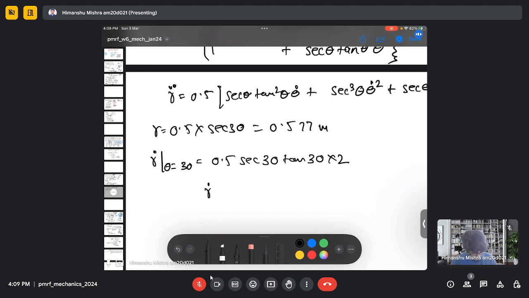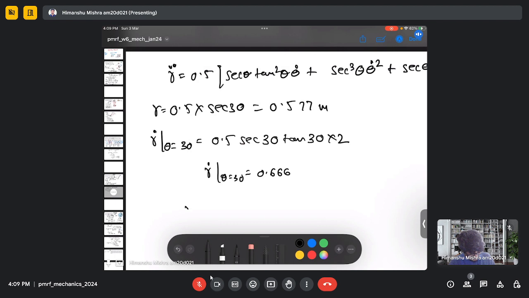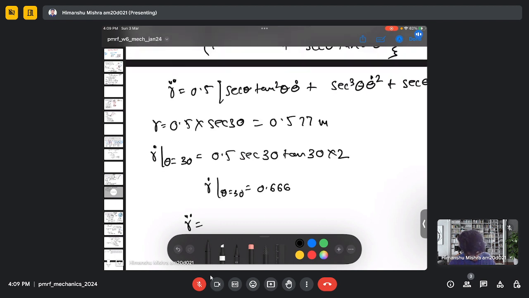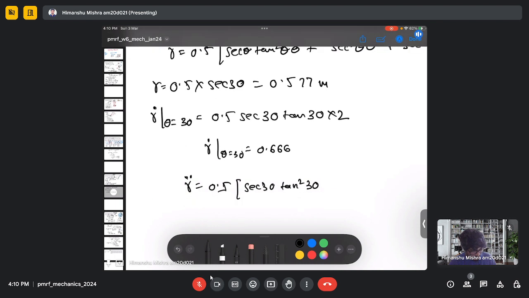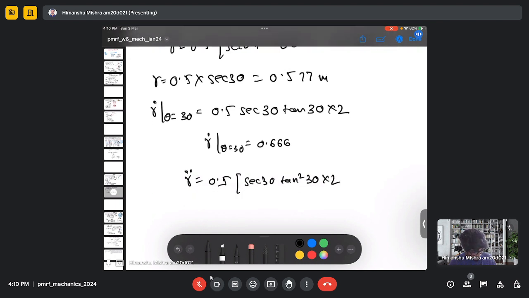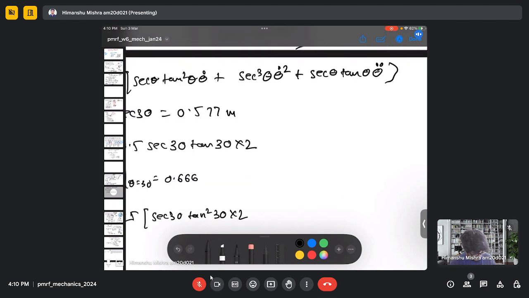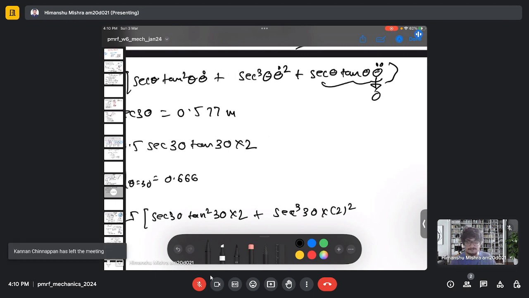So your R dot will be 0.666, and the R double dot will be 0.5 sec 30 tan square 30 multiplied by theta dot, which is 2, plus sec cube 30, and this theta double dot is 0, so this term will be 0.